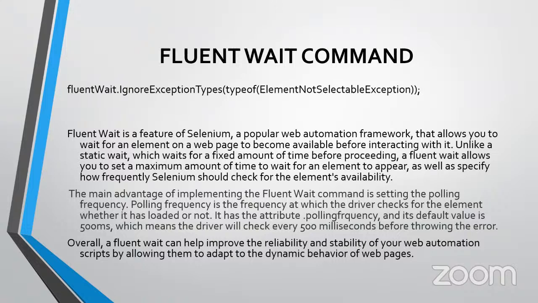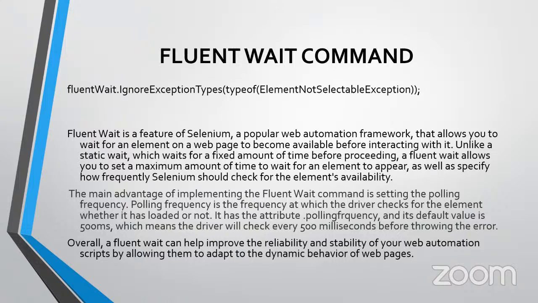Within this time frame, Fluent Wait will also be checking every 500 milliseconds to see if it can find the element before this time. So within every 500 milliseconds or 250 milliseconds, it's going to check for the code. But I think if we go through the advantages, the disadvantages, and then go to the practical part of it, most of you will understand.